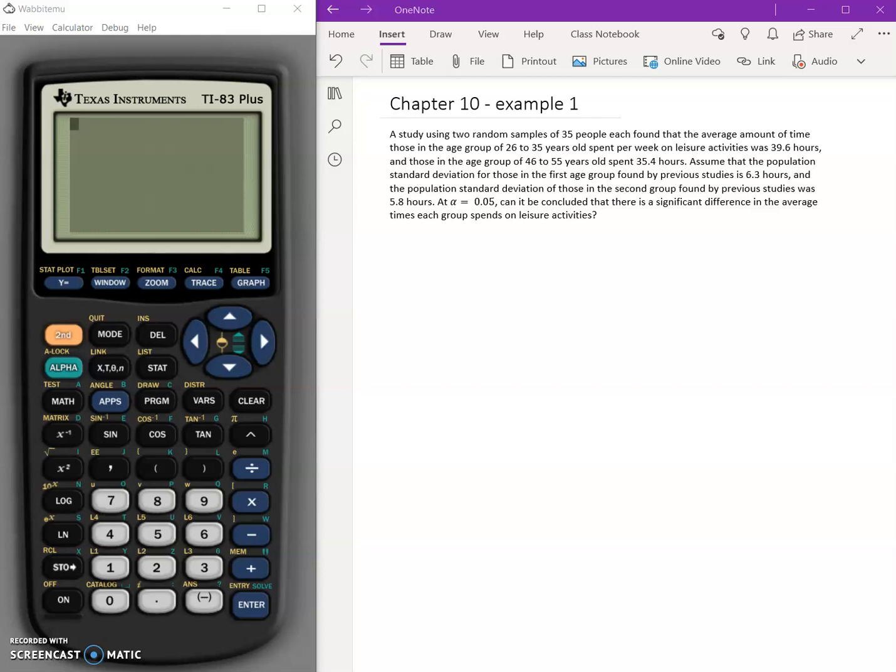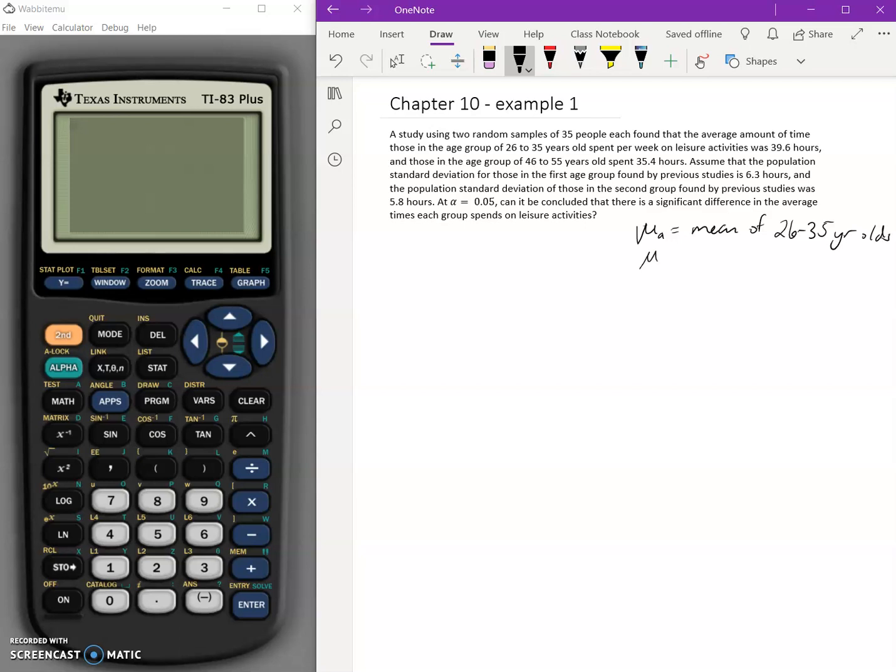So the first thing that we'd like to do is set up our hypothesis testing. Some things that we should make note of: I'm going to introduce some subscripts here. I'm going to say mu sub A corresponds to the mean of the 26 to 35-year-olds, and mu sub B is going to be the mean of the 46 to 55-year-olds.